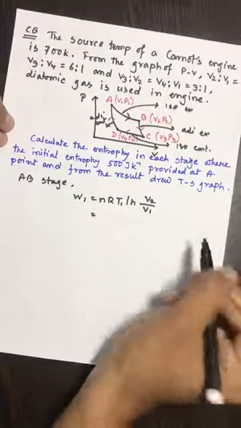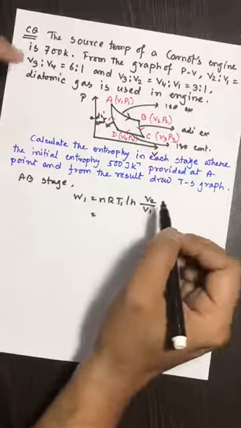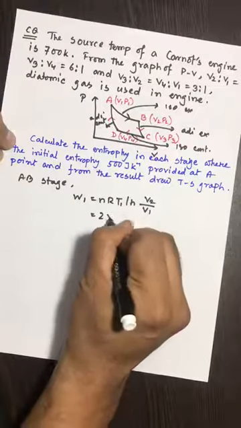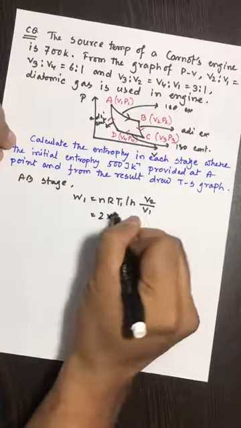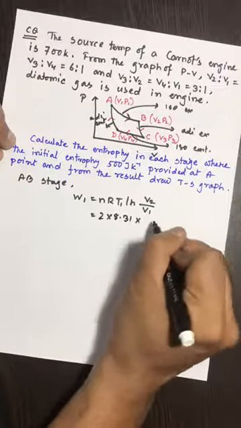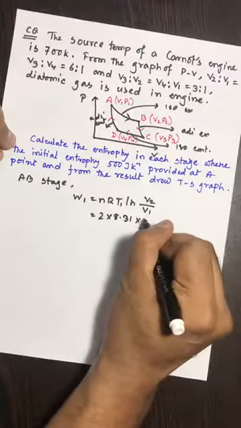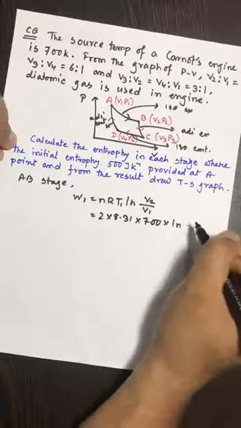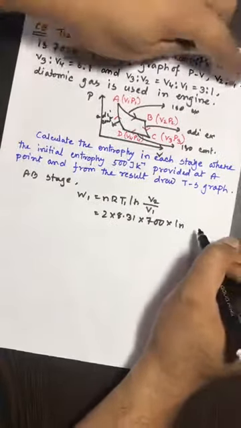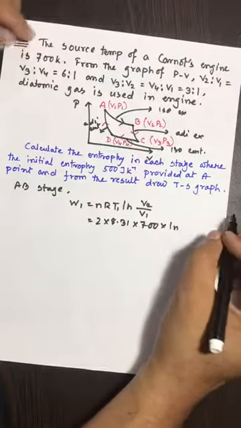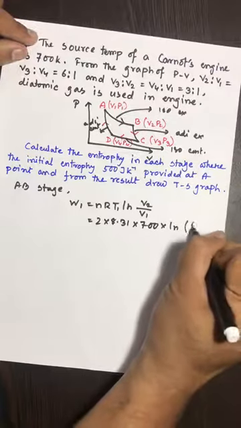There is a diatomic gas; they use a diatomic gas in this engine. So the value of n is 2, R is 8.31, and T1 is 700 Kelvin, into ln V2 by V1. The ratio V2 by V1 is 6 divided by 1.